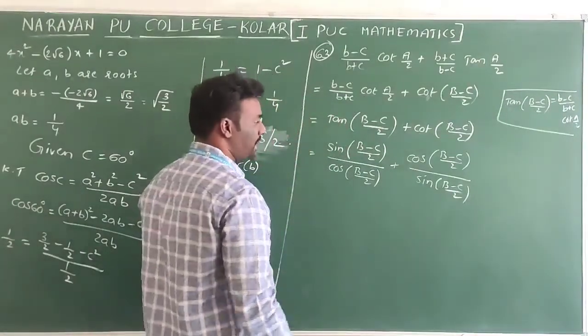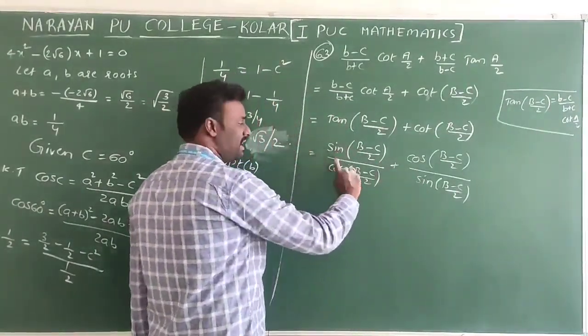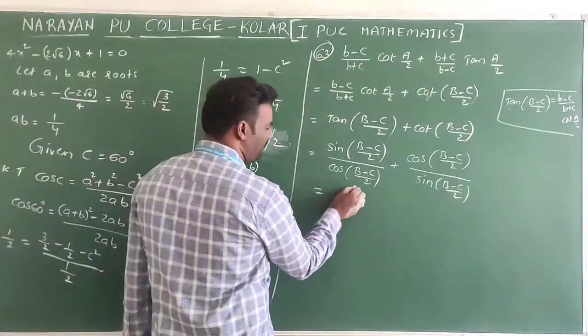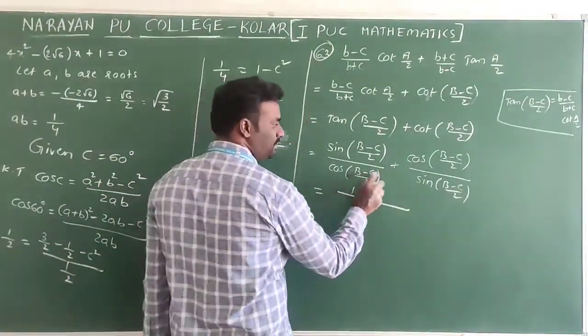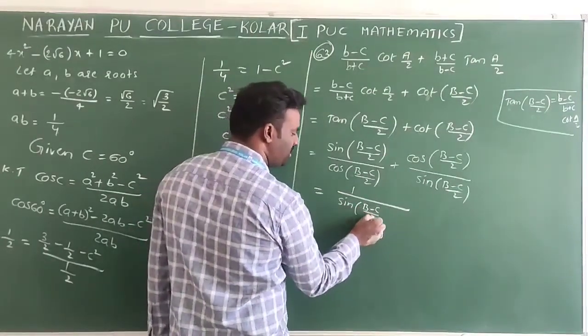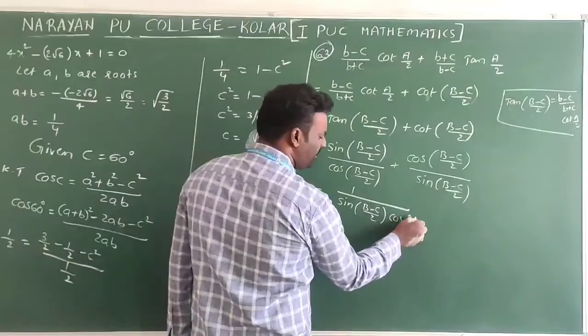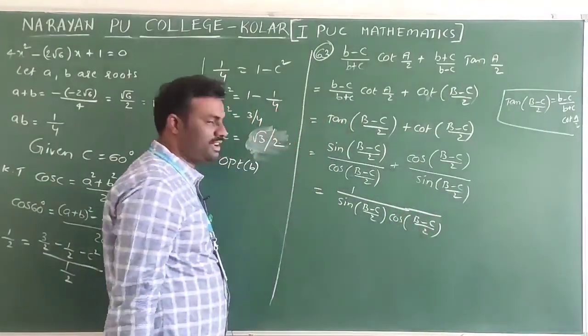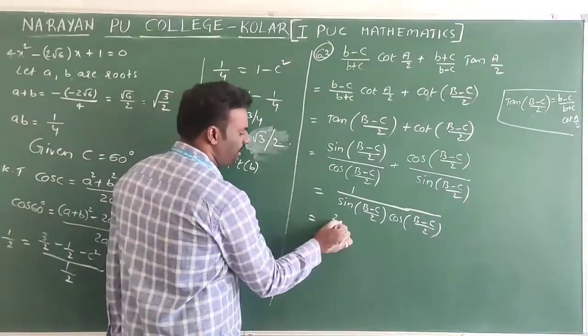If you cross multiply sin into sin, sin square, cos into cos, cos square, sin square plus cos square is 1. Directly I am writing. LCM is same, these two will get sin b minus c by 2 cos b minus c by 2. Numerator actually sin square plus cos square, that value is 1. Multiply with 2, divide with 2.